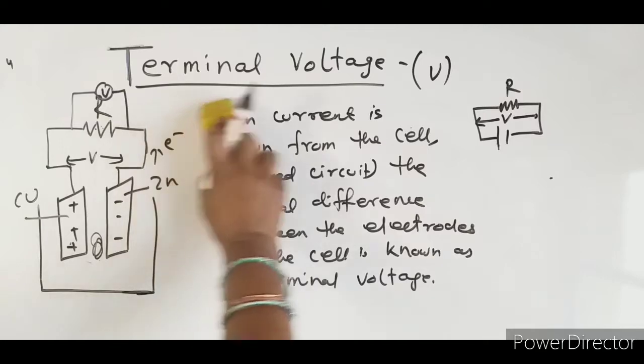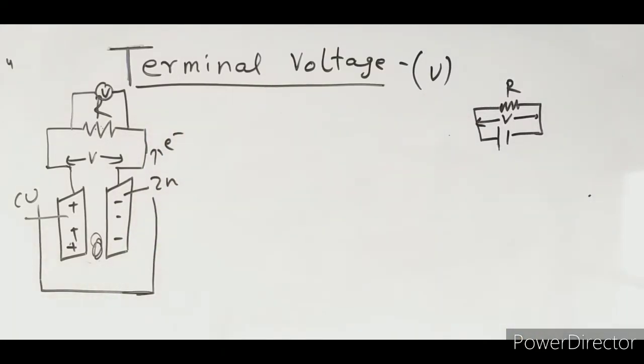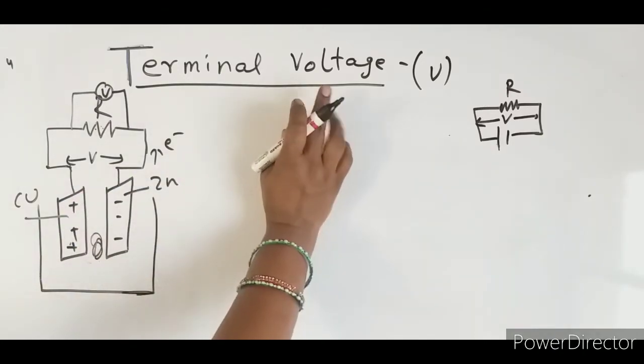That is termed voltage drop, which we will discuss later. But now let us go back to the terminal voltage V.